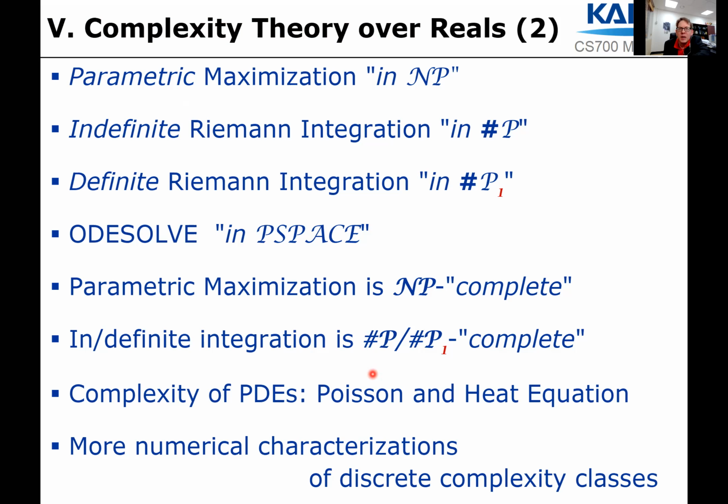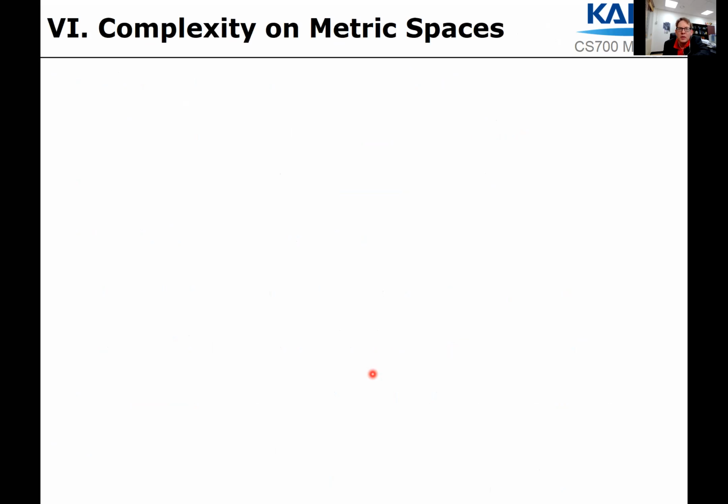Okay, that was the wrap up of our chapter 5 on complexity theory over the reals. And that served for us as guidance to complexity considerations on abstract metric spaces.